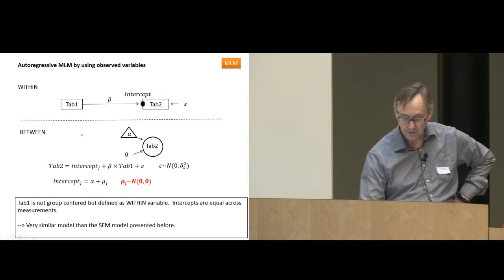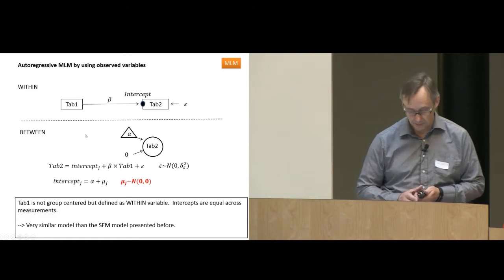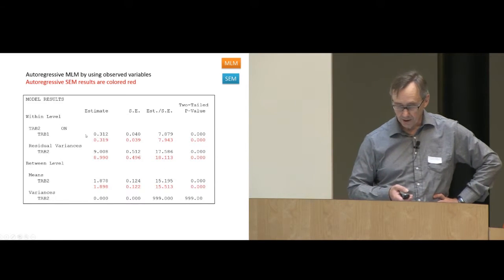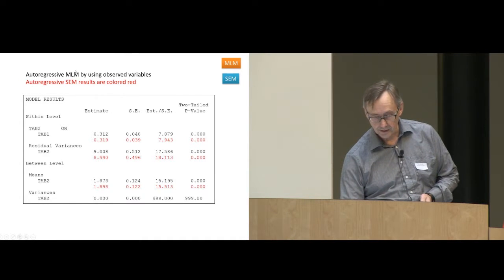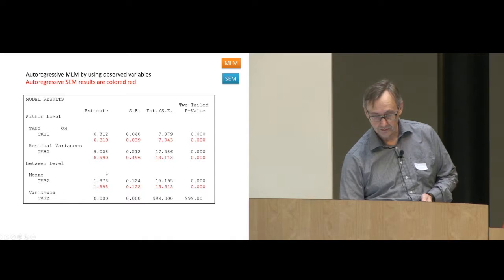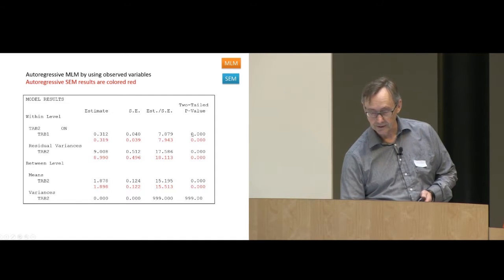This model is very similar to the model I presented before using structural equation modeling. And when I estimate it, you can see that using multi-level modeling I get very similar results to using structural equation modeling. Estimates are equal, standard errors are equal, and also the statistic testing the effect is equal.